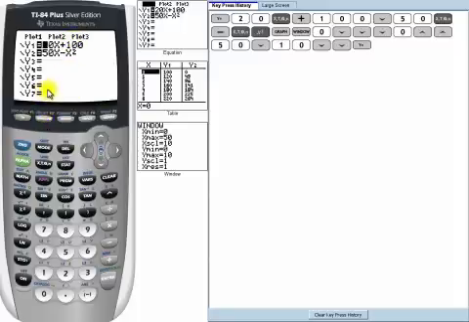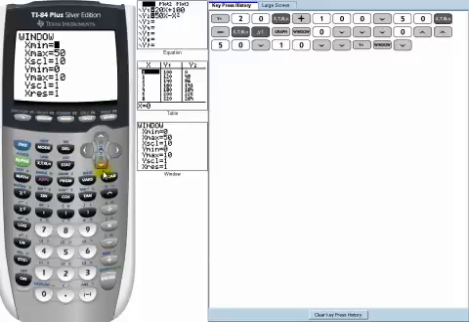Well, I can take that knowledge that I'm at least going to get up to $1,100 in cost, go back to my window and say, well, my y value, which represents cost and revenue here, should be at least 1,100, and it's always a good idea to make it a little bit bigger than you need. So let me go ahead and make it 1,200. I'm going to at least have $1,200 worth of either cost or revenue in this problem, so it's a good place to start. Alright, as for the y scale, since we're talking about 1,200 or 1,000 here, my y scale needs to be in terms of 100.